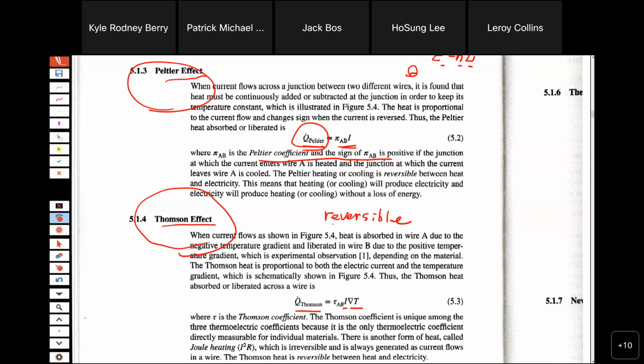Mostly reversible is hard to understand for students in thermodynamics. Most processes are irreversible. No way we can have reversible. Cooling, heating, friction, everything is irreversible. You cannot be reversible. But this is electrons. It turns out reversible.